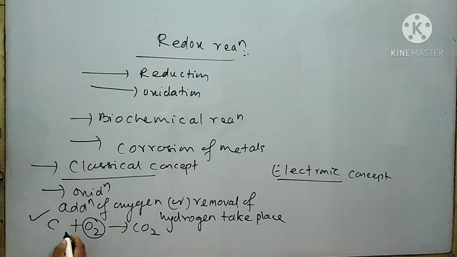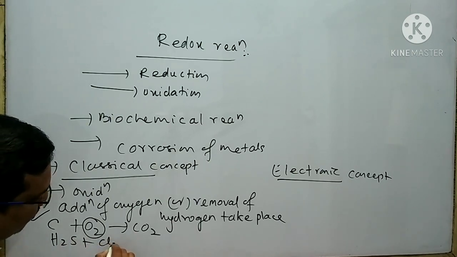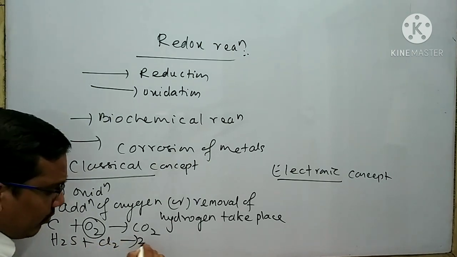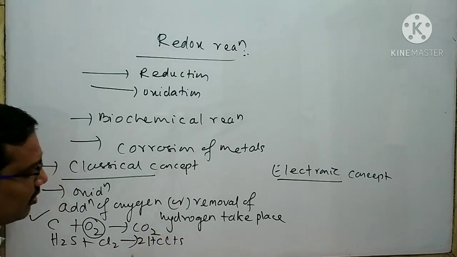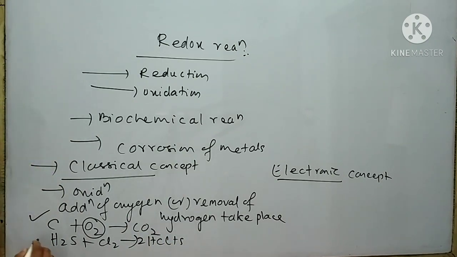Take another example, H2S plus Cl2 gives 2HCl plus sulfur. Here hydrogen is removed, so this type of reaction is also called oxidation reaction.